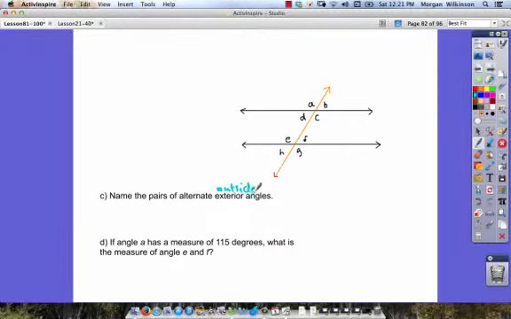So if we're looking on the outside of our parallel lines, we're looking at A and B, and we're looking at H and G. Alternate exterior angles are on the outside of our parallel lines, and they're on the opposite side of the transversal. So we could have B and H, or we could have A and G.